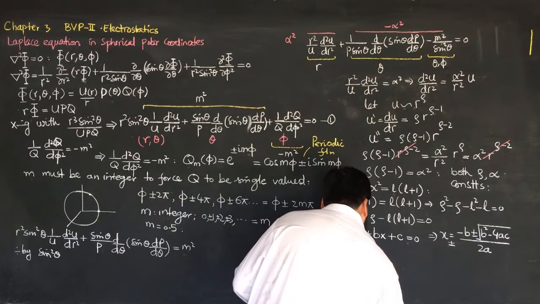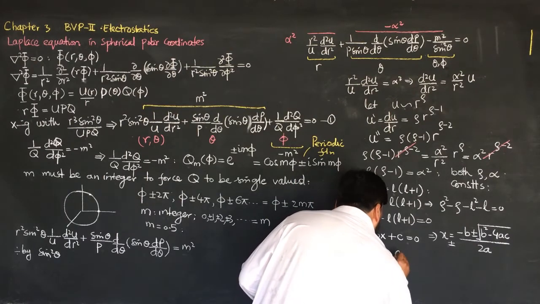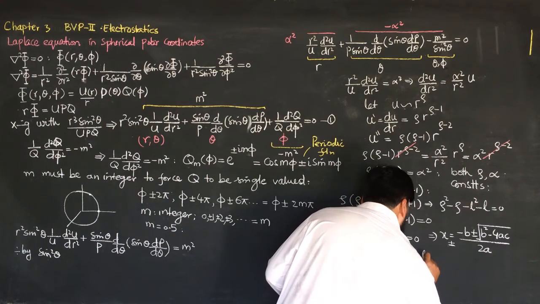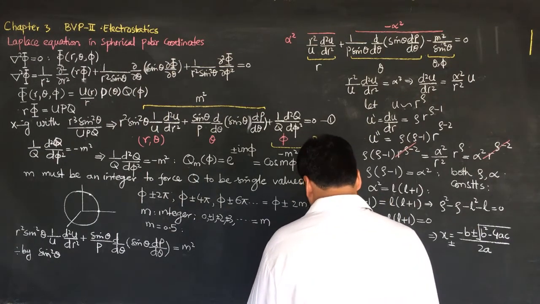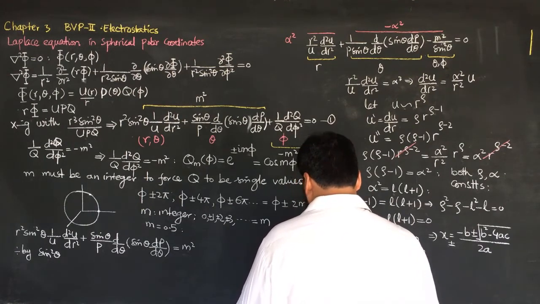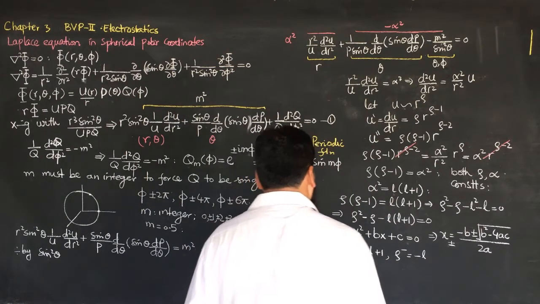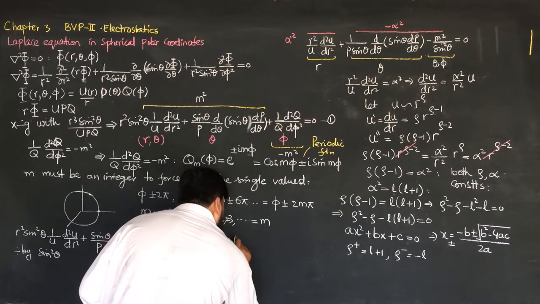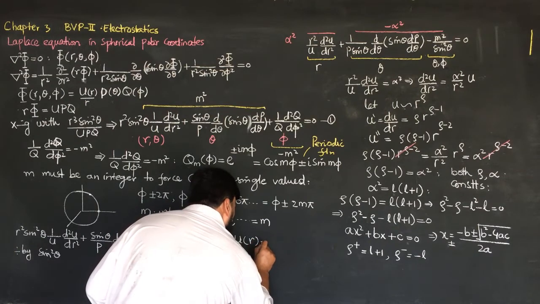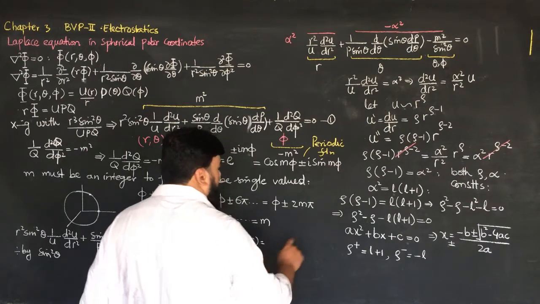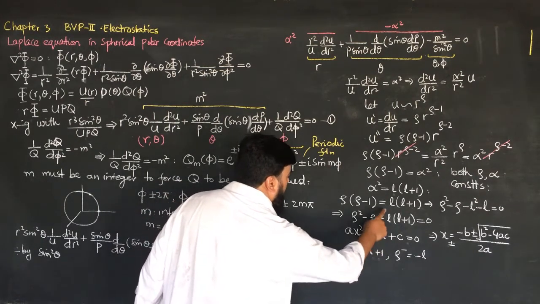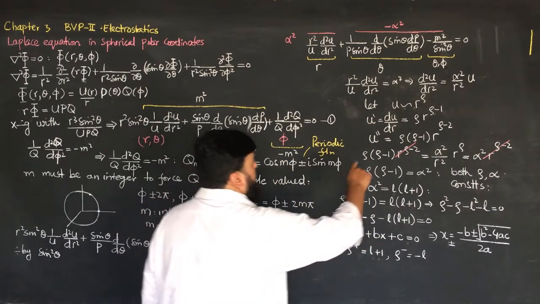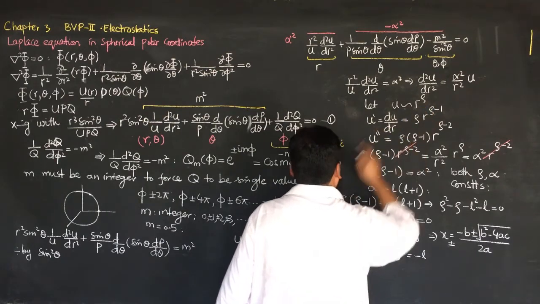Rho plus value is L plus 1, while rho minus value is minus L. So we have from this that our u of r was actually, from here the two roots, so I will write u of r now, which is r to the power rho.